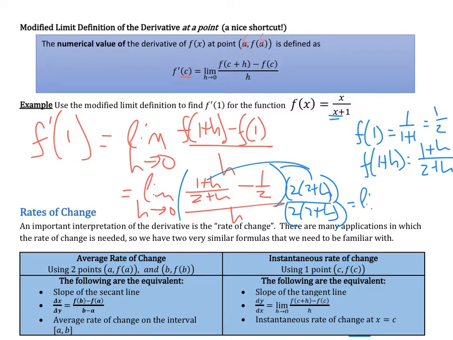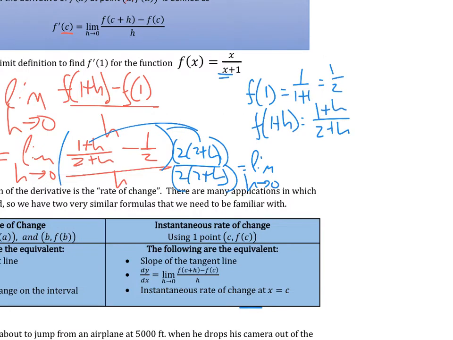Okay? We still have the limit as h goes to 0. And we're going to have those denominators cancel a bit. When we multiply it here, the 2 plus h is going to cancel out, and we're going to be left with 2 times 1 plus h. Don't forget to multiply 2 times this numerator. And then minus, and when we multiply it here, the 2 will cancel, so minus the 2 plus h, all over h times 2 plus h.